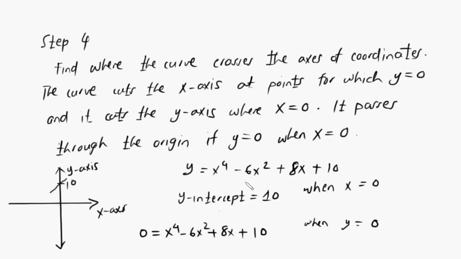So this equation does not pass through the origin. Because when x equals 0, you don't get y equals 0. And when y equals 0, you don't get x equals 0. So the graph does not pass through the origin. So that was our step 4. So now, next is step 5.